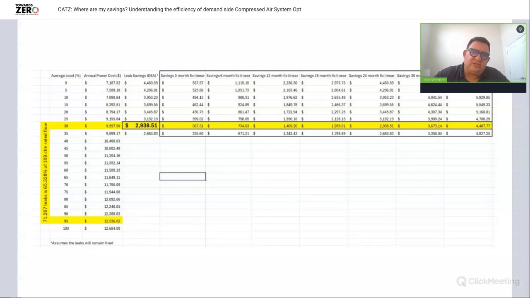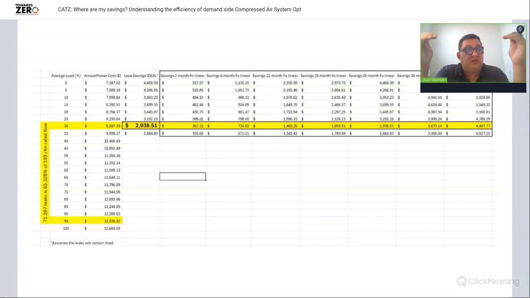I know this is a little small, I apologize, but there is a time value to the leak repair. Let's assume just for a second that we can fix 100% of the leaks, which in my experience isn't a thing, but let's say we can. That $2,938.51 is based on their operating conditions, their costs, as well as a full year of no leaks.